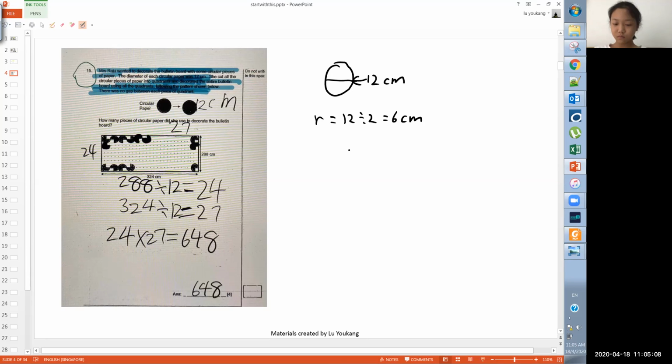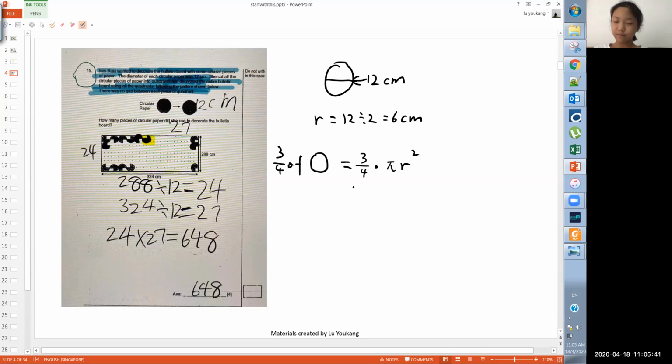Okay. After that, you can find out the area. Over here, you can see that what they have is 3/4 circle. They don't have a full circle, right? Here, it's just 3/4 of the circle. So you need to find out 3/4 of a circle. So 3/4 times, what is the area formula for a circle? It is pi r squared, right?